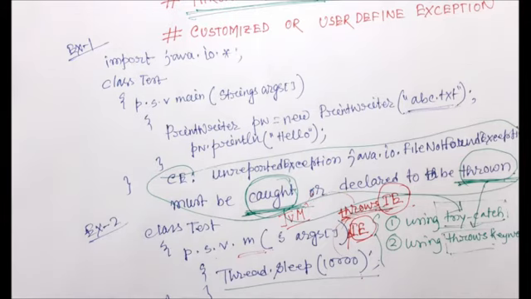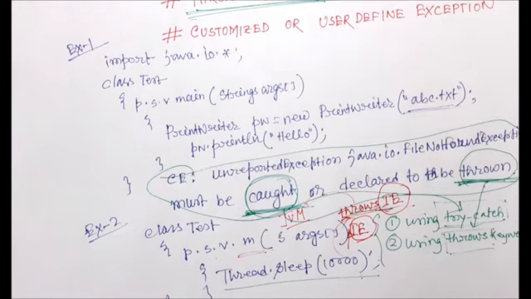Because in the previous examples we have seen that the compiler checks your code before running, but the compiler never checks unchecked exceptions. So if we want to throw an exception, it must be a checked exception, and checked exceptions must be handled. The throws keyword is used to handle checked exceptions.